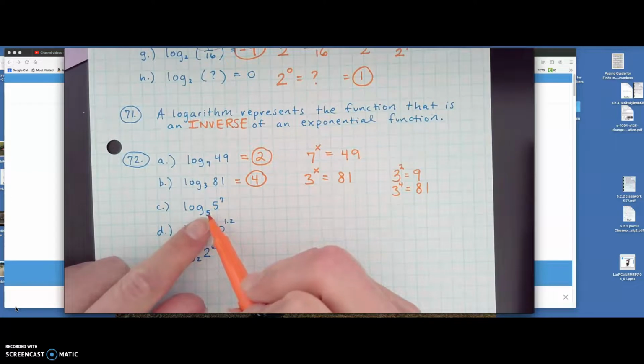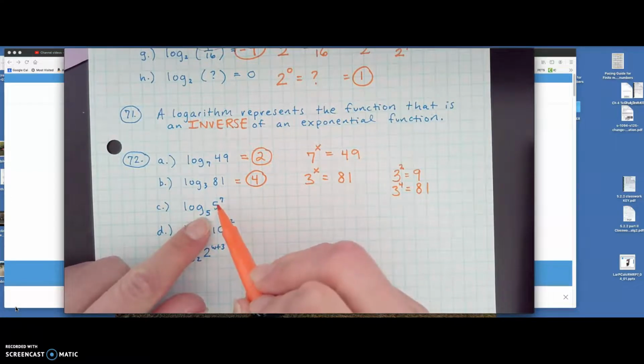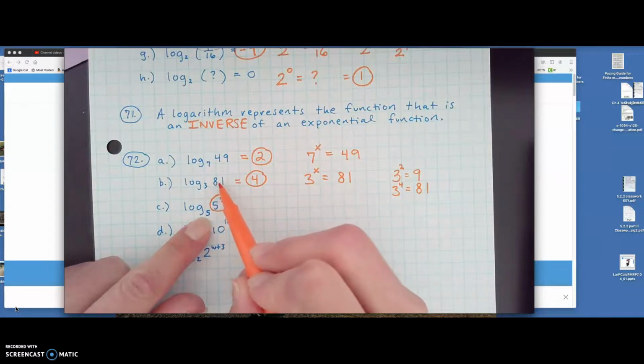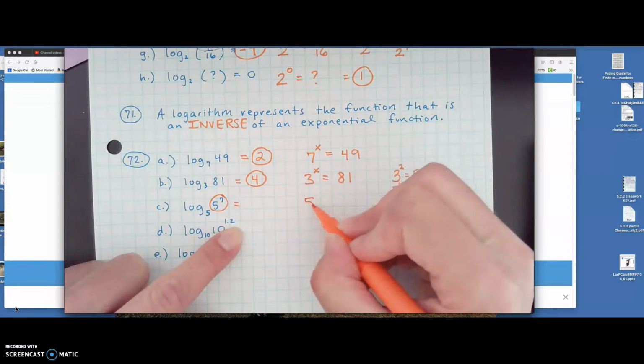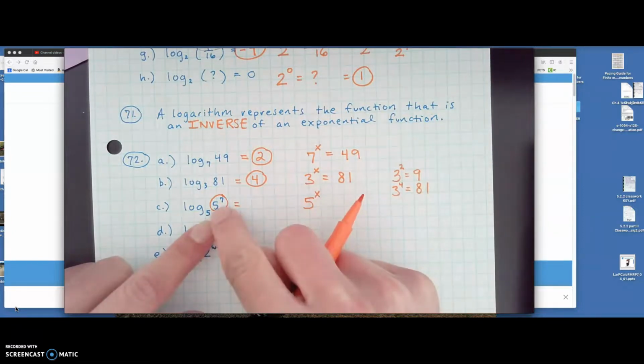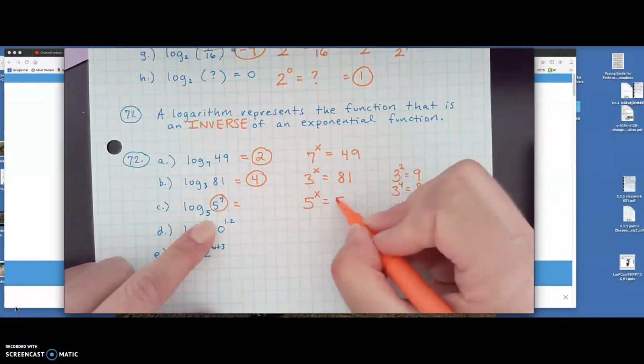So this one is 5 to the what power, and it's a little odd, but this is taking place of where the 81 is on that problem. So we've got 5 to the what power is equal to 5 to the 7th power.